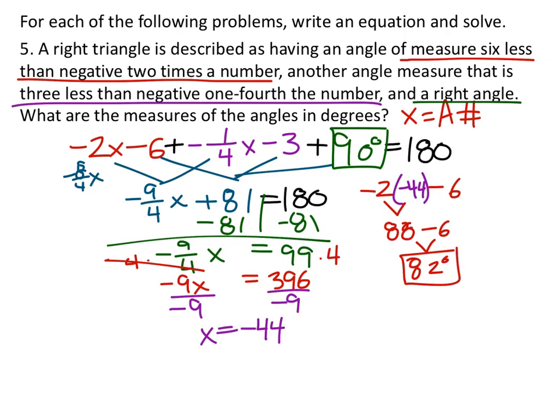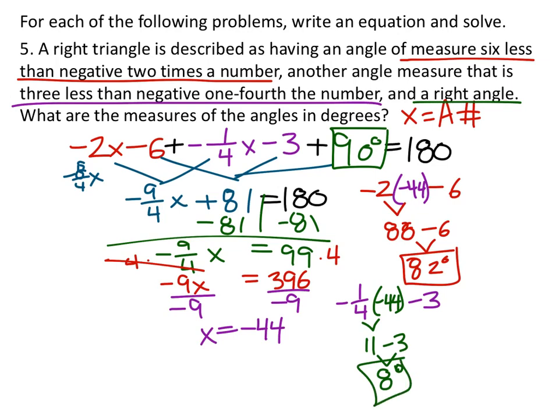So that's what I think that other angle is, but then I also have the third angle, which was negative 1/4 of x minus 3. Again, I'm going to replace x with negative 44. Negative 1/4 times negative 44 would give us 11 minus 3, which would combine to be 8 degrees.